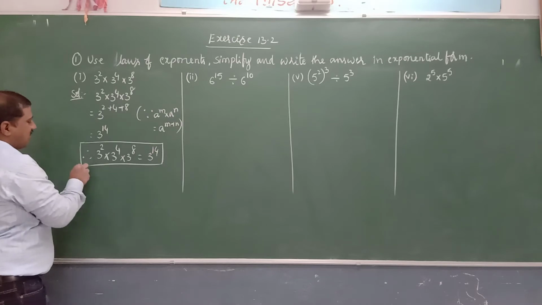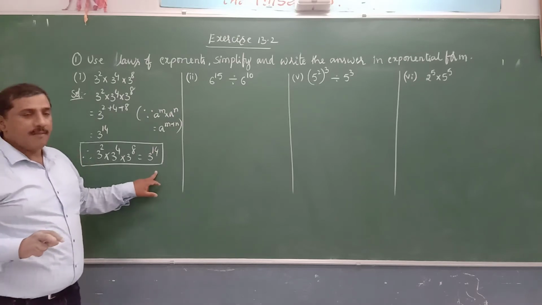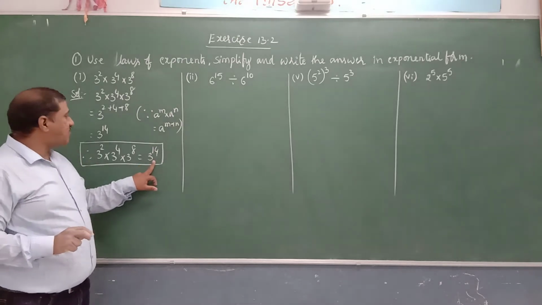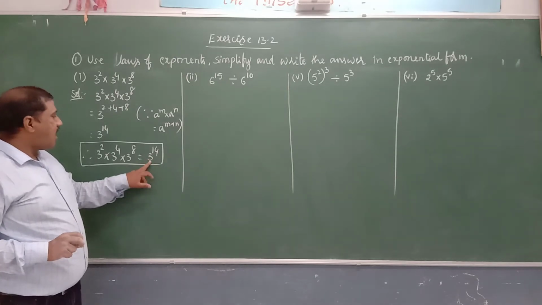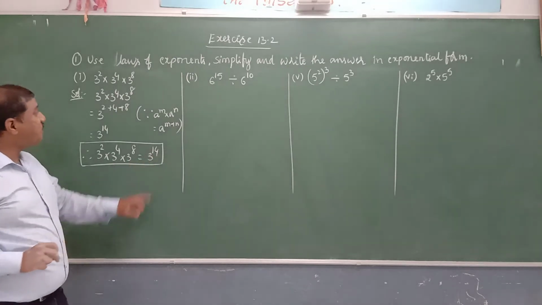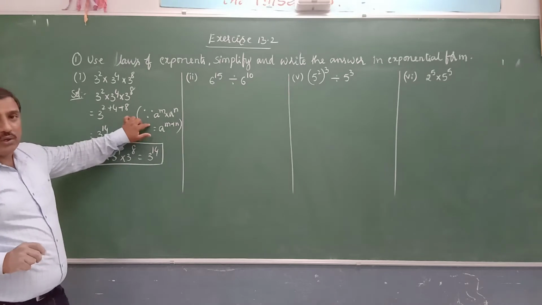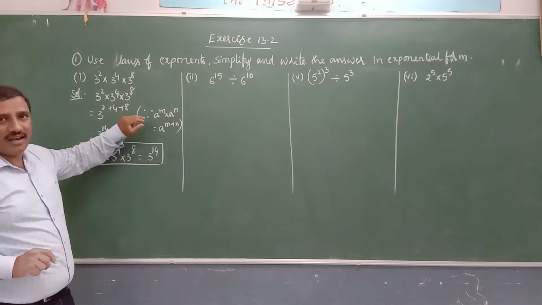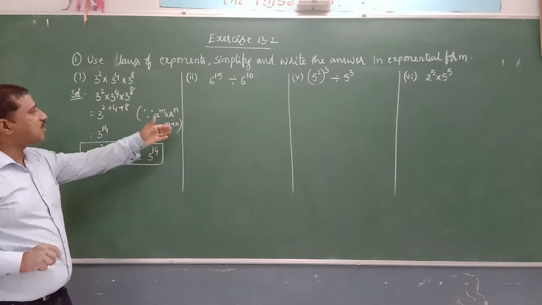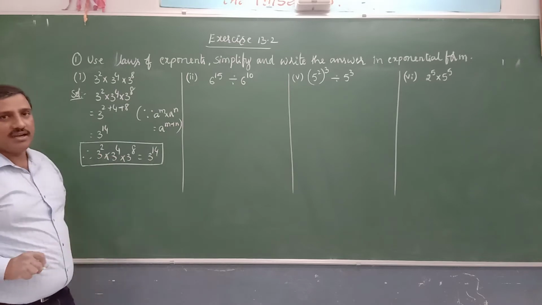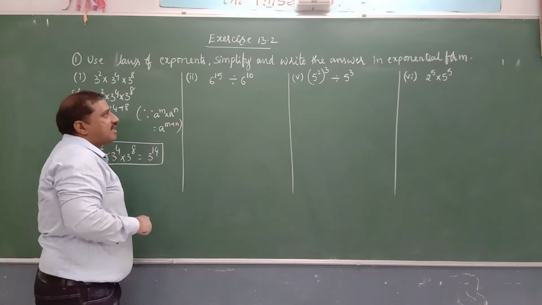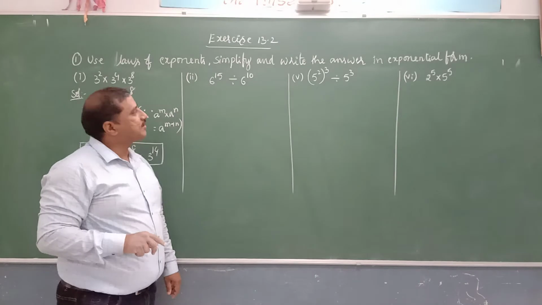Like this we simplify and write the answer in the exponential form, whose base is 3 and exponent is 14. Now you should write the formula, the law you are using, opposite to that step, in the laws of exponents.